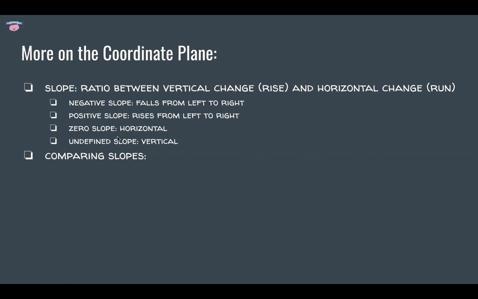comparing the slopes, for a steeper line, the magnitude of slope is greater. So if I had something like this, sorry, that's vertical, something like this, and something like this is steeper, so the slope is greater. Now, what if I had something like this?